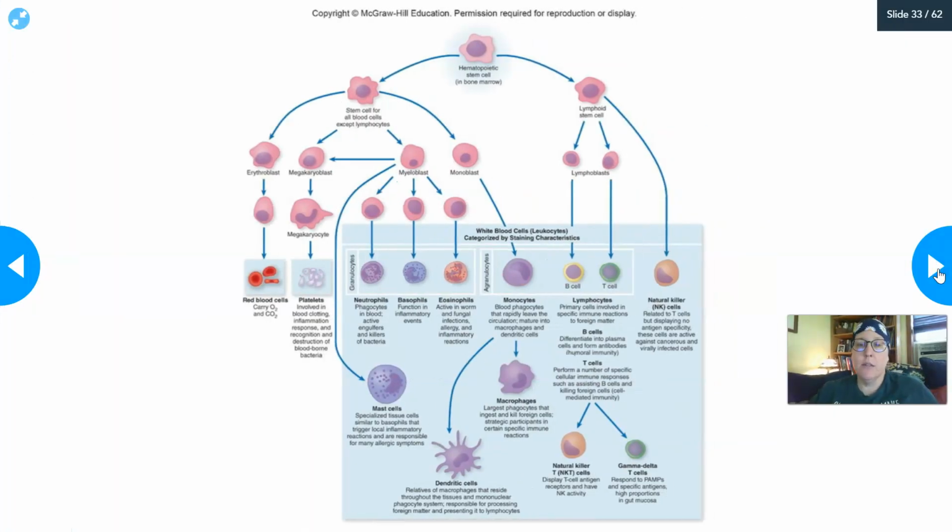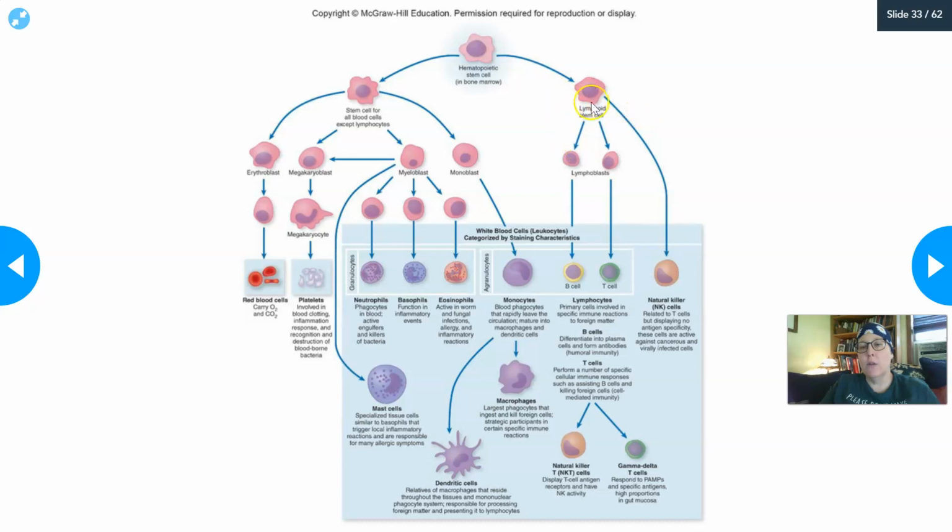All right, so let's look at the divisions of the immune system. We're going to start with a hematopoietic stem cell. This is the stem cell in your bone marrow. There are 2 major branches, as you can see, 2 major divisions. The first one is the lymphocytic one.